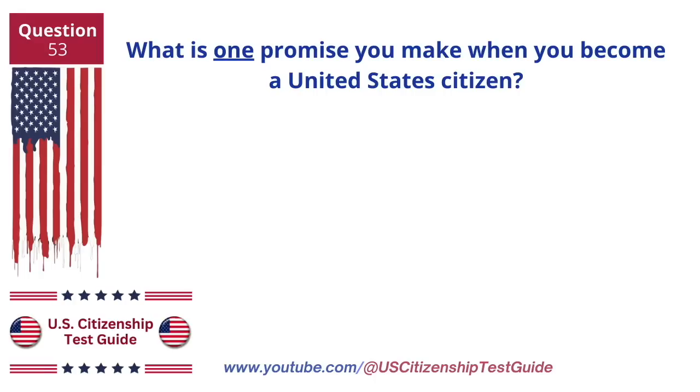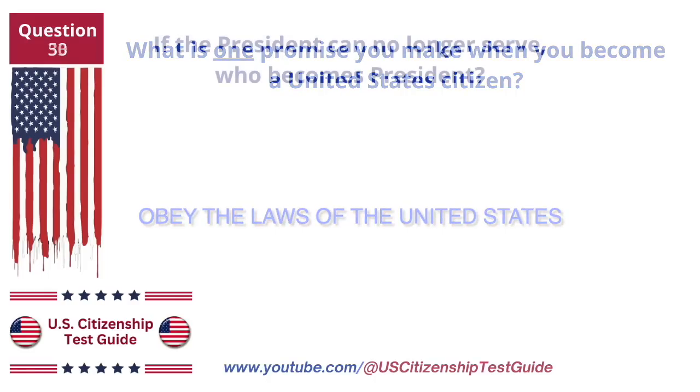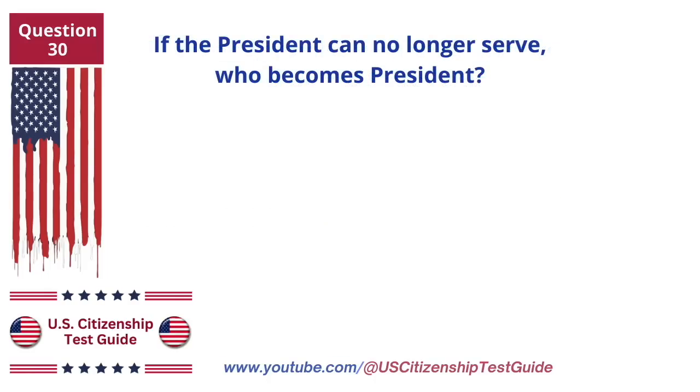What is one promise you make when you become a United States citizen? Obey the laws of the United States. If the president can no longer serve, who becomes president?